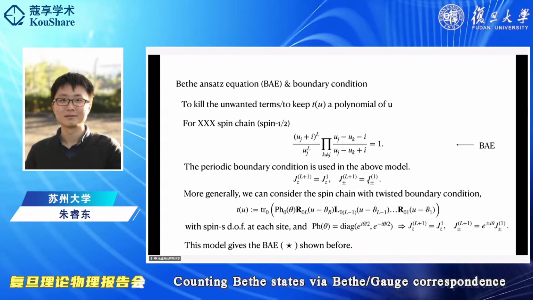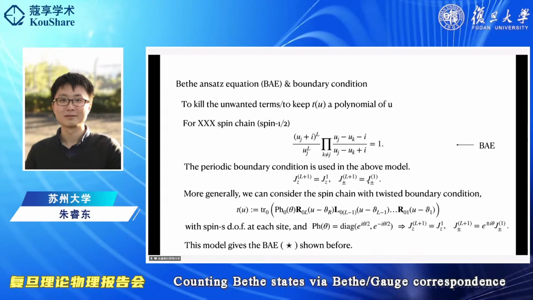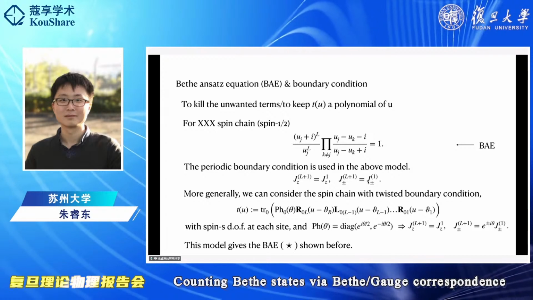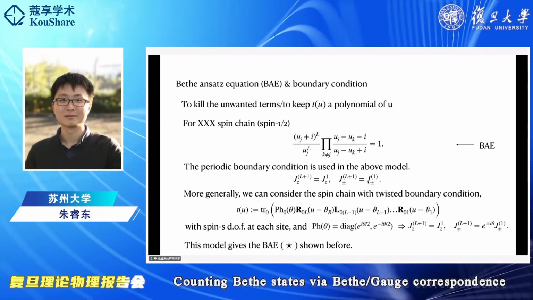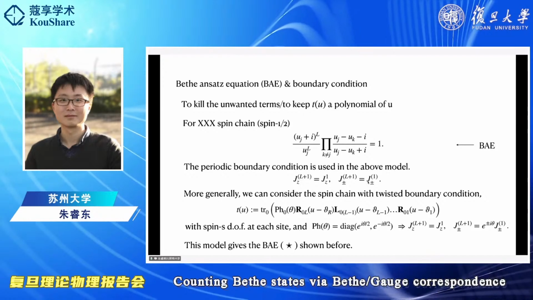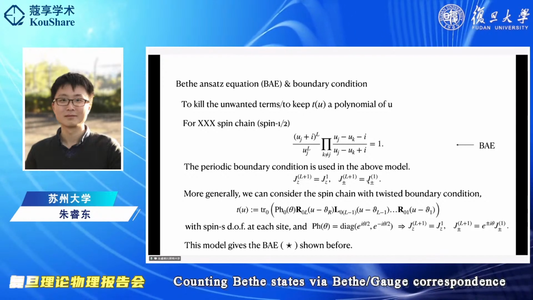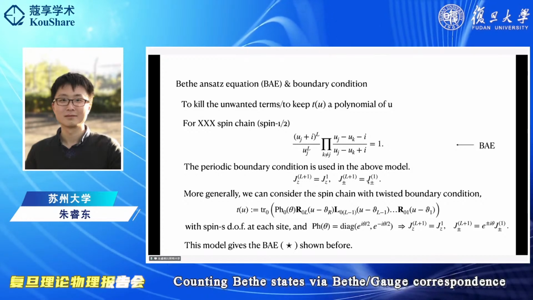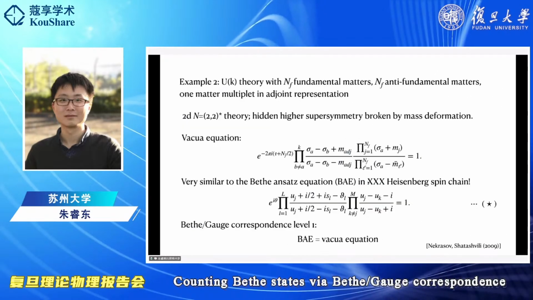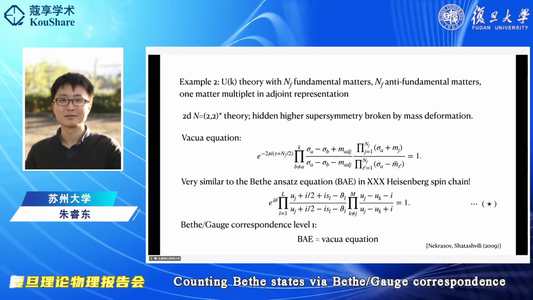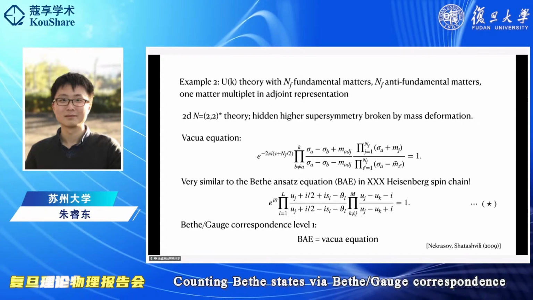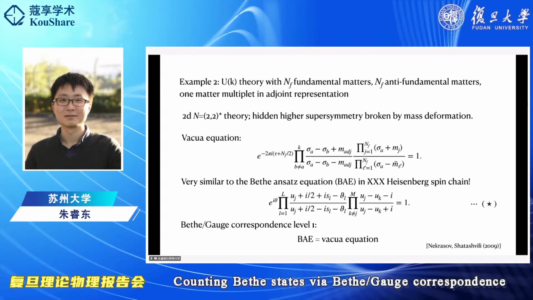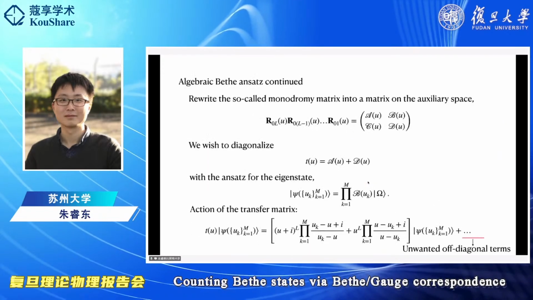This is called the twist boundary condition. The raising and lowering operators are twisted a little bit. This can be realized by just adding some diagonal matrix into the construction of the transfer matrix. This will give us a theta here, and it can produce what we need for the vacuum equation in the supersymmetric gauge theory.